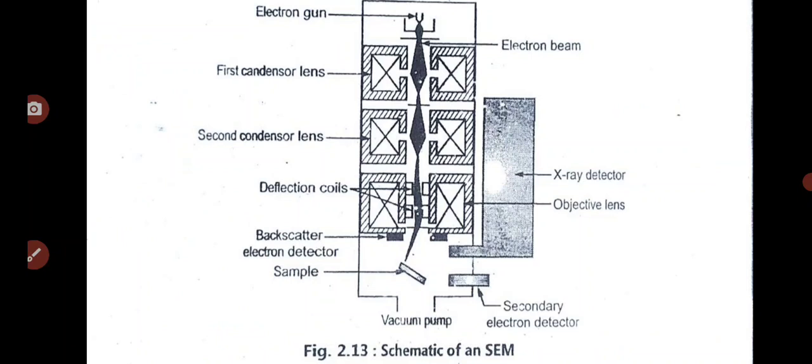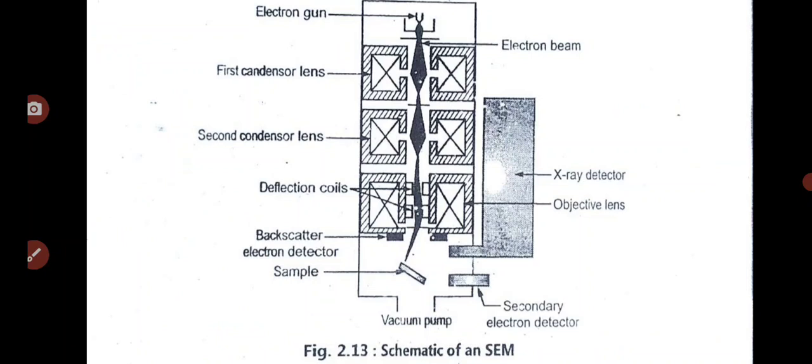Consider in this figure there are different lenses: below the electron gun, the first condenser lens, the second condenser lens, and different condenser lenses for the detector, and after that the deflection coil.